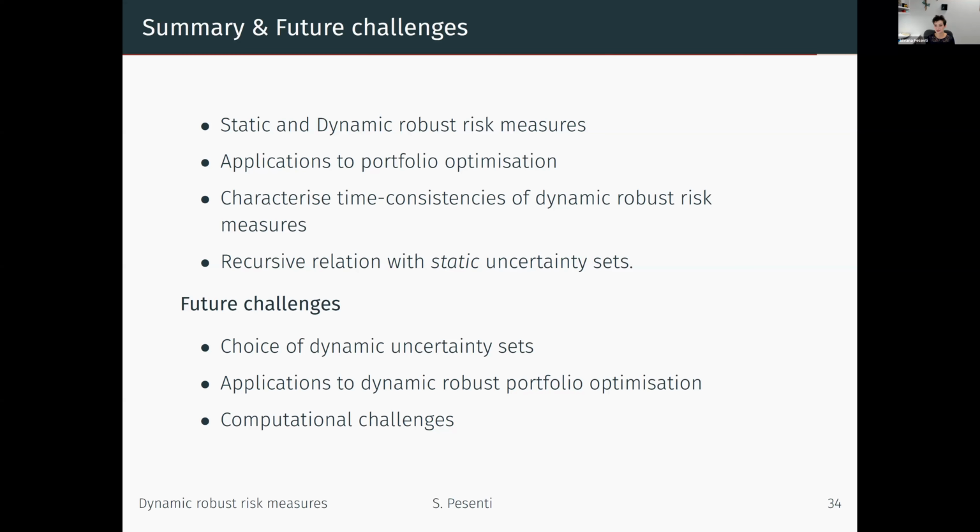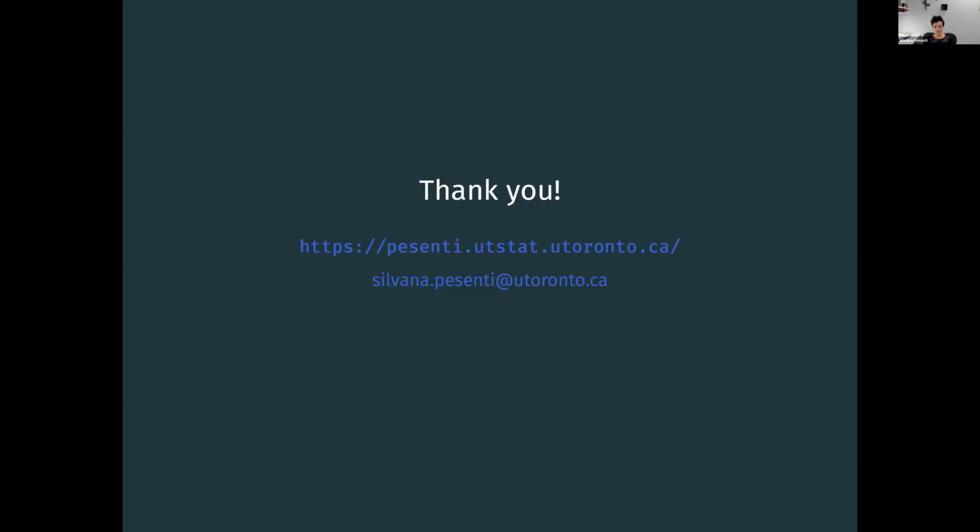I haven't answered, or given maybe a little bit of insight on, how potentially you could choose some dynamic uncertainty set and what properties could be desirable. But of course, there's a big question on applications and also computational challenges when we actually want to calculate it or do optimization. So thank you very much, and I look forward to questions.